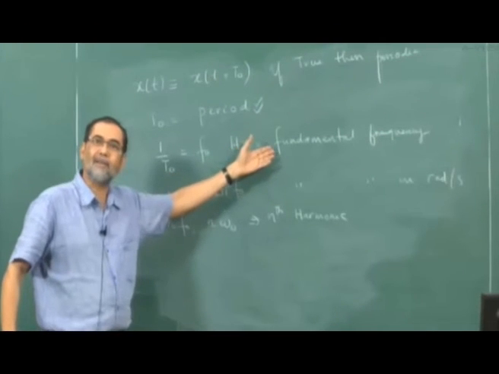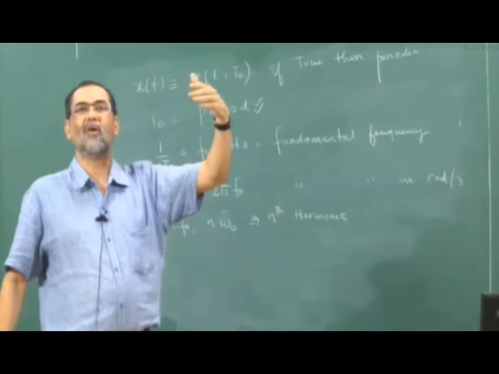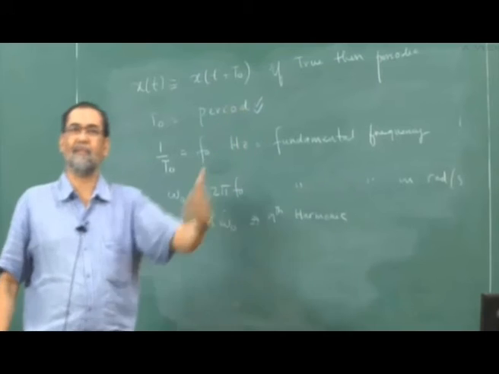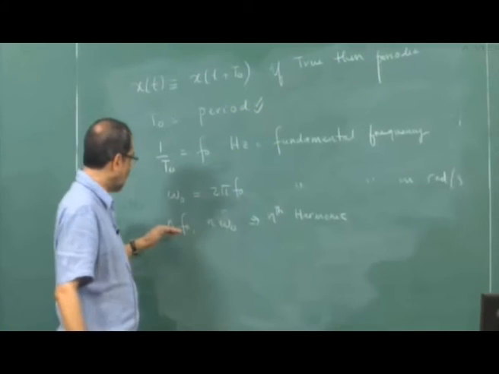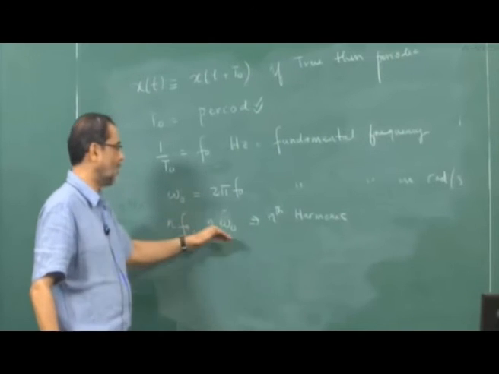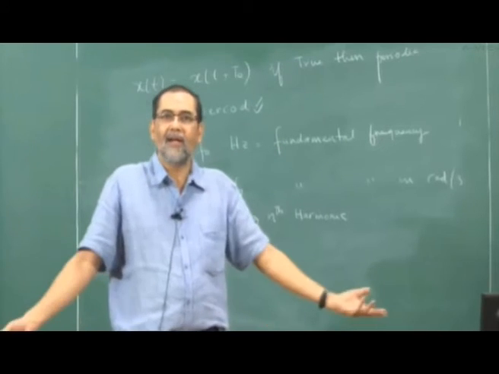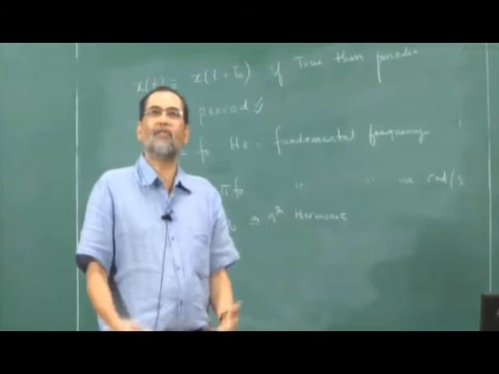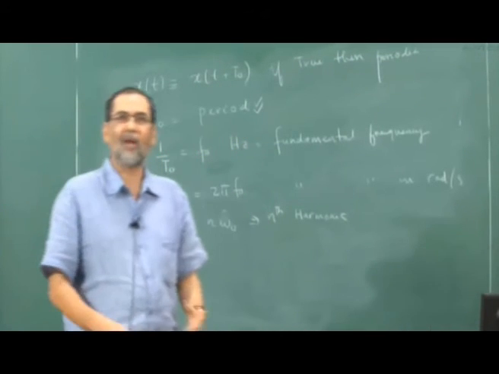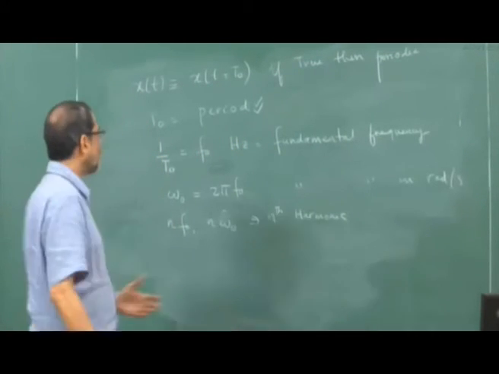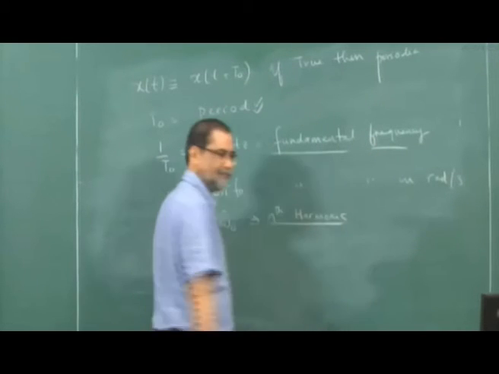The first sa is the fundamental frequency, and the second sa is the higher frequency, the octave, the harmonic of the first frequency. So n f naught or n omega naught is called the nth harmonic. Well, f naught is the fundamental frequency, so there is no first harmonic. You have a second harmonic, a third harmonic, and so on. So you have a fundamental frequency and you have the nth harmonic.